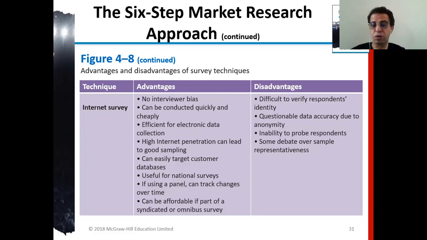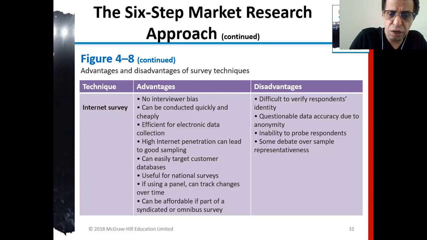The other one, which most people are starting to do, is the internet survey. Once again, an internet survey is just like a mail survey, with no interviewer bias there. It can be conducted quickly and cheaply. There are lots of applications now that you use for doing the survey, like MailChimp, I think, that can send questionnaires, collect the answers, and send them back to you.